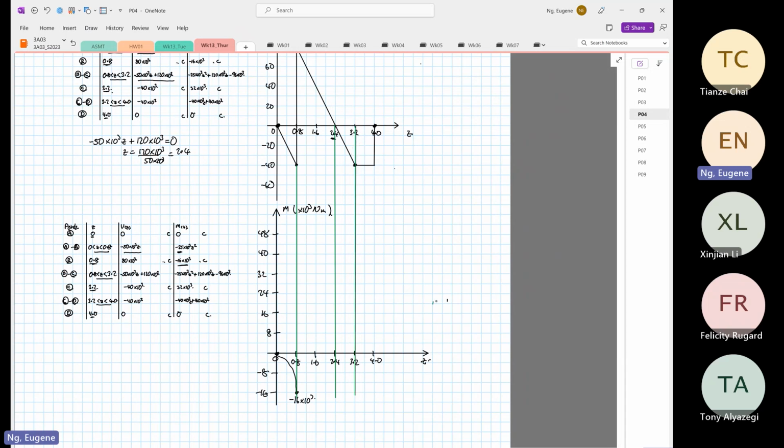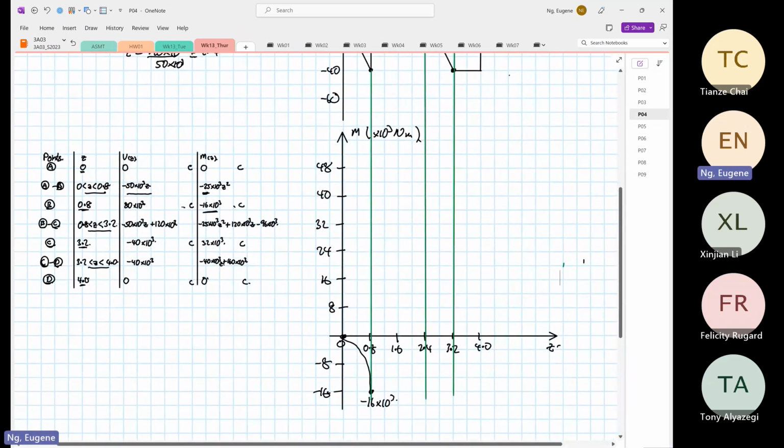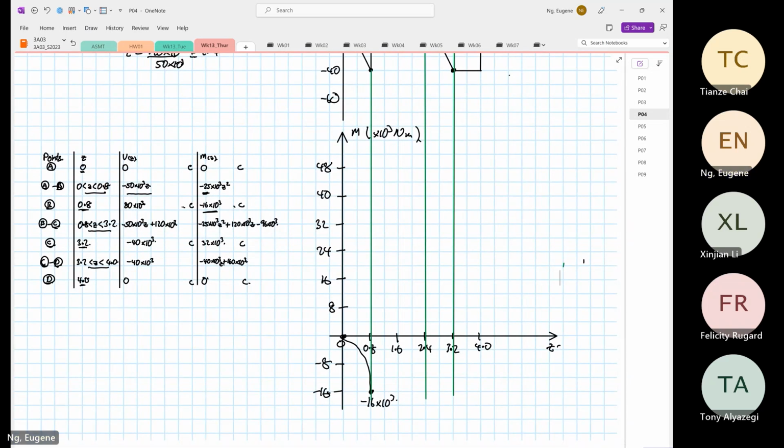Right. So next I'm going to look at our bending moment equation. We're looking from 0.8 to 3.2. How this looks like, we don't know yet. So let me elaborate.